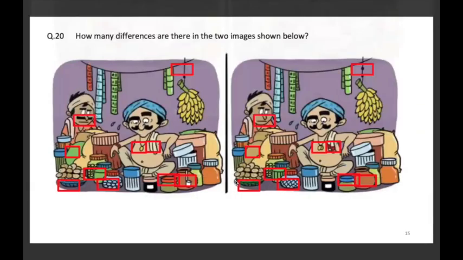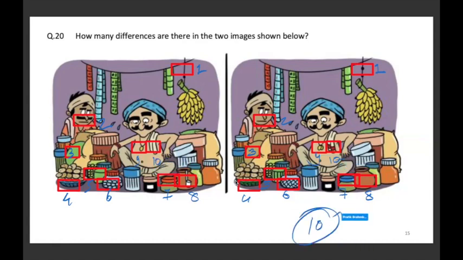So these are all the differences that are there. 1, 2, 3, 4, 5, 6, 7, 8, 9, and 10. There are a total of 10 differences between the 2 figures. Okay. Let's move to the next one now.